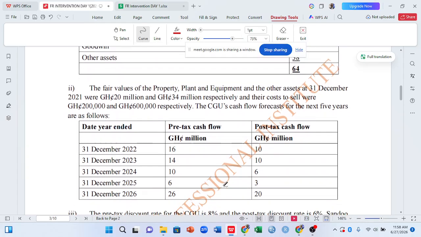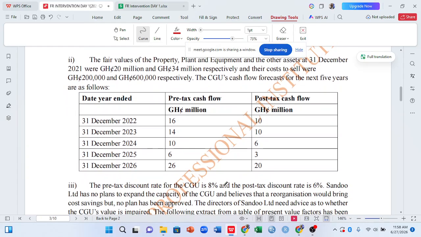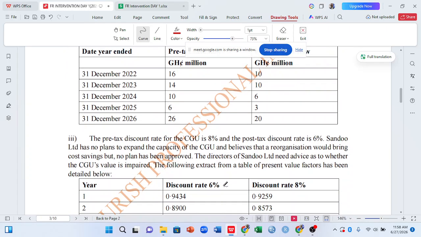The fair values of the PPE and the other assets at 31st December 2021 were 20 million Ghana cedis and 34 million Ghana cedis respectively. And their cost to sell were 200,000 Ghana cedis and 600,000 Ghana cedis respectively. The cash generating unit's cash flow forecast for the next 5 years are as follows.